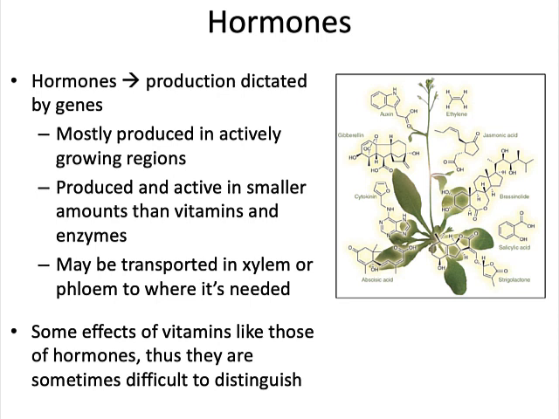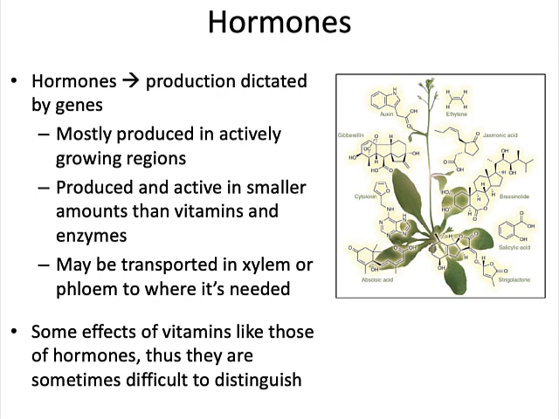So very tiny fractions of a percent of any given substance will be composed of these hormones. Hormones are often transported in the xylem or the phloem, depending on where they were produced, and they are transported to where the hormone's effect is needed.